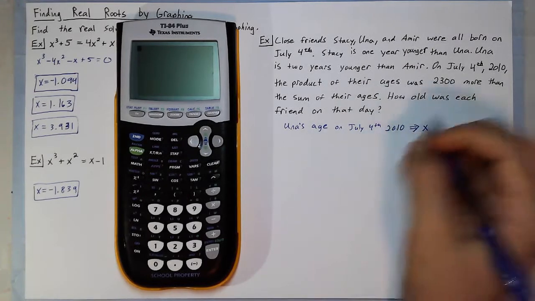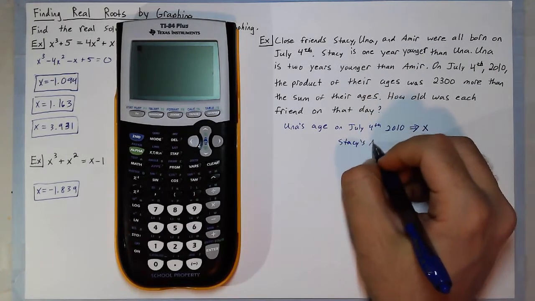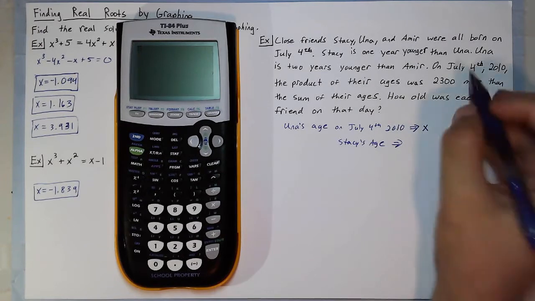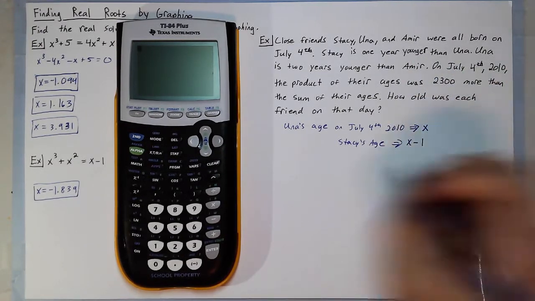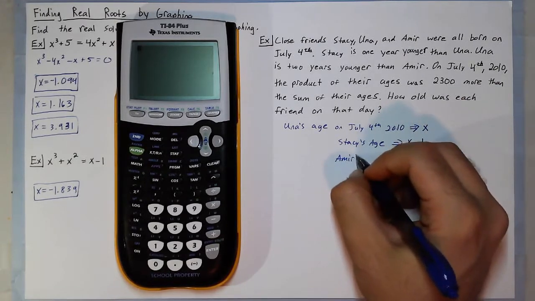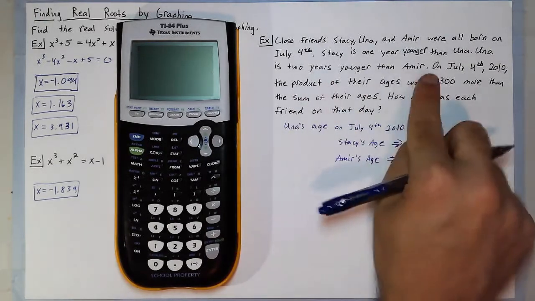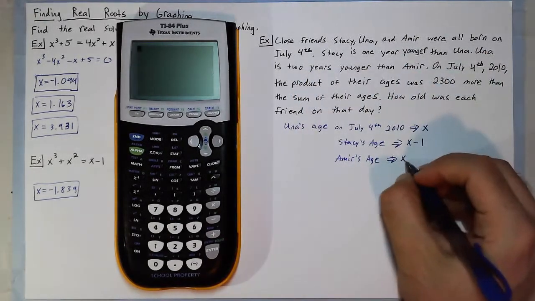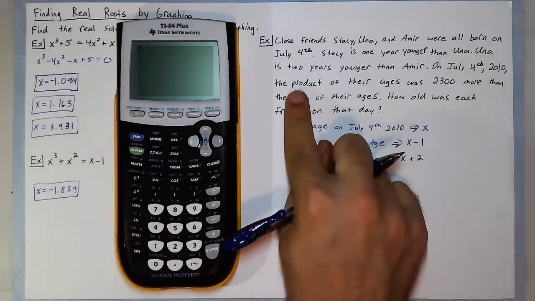Stacy's age on that same day, she is 1 year younger than Una, so it would be x minus 1. And Amir's age on that same day: since Una is 2 years younger than Amir, that means Amir is 2 years older than Una, so x plus 2.